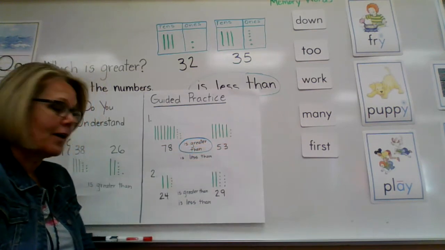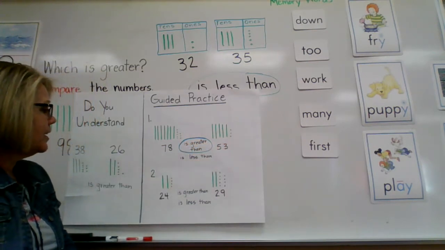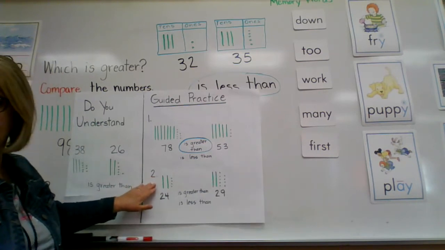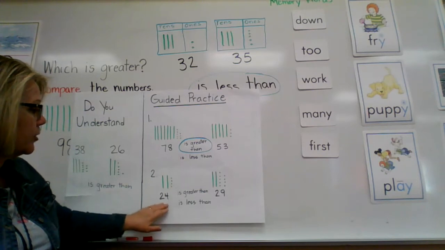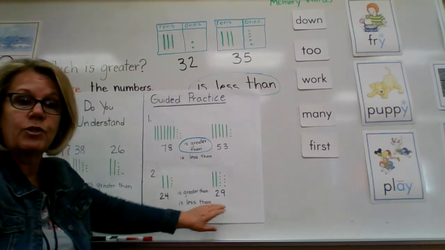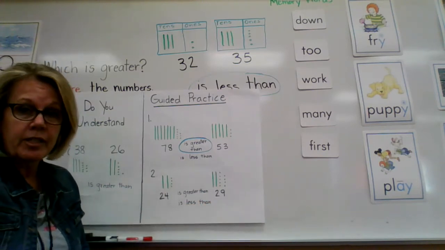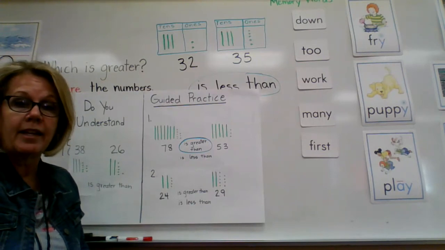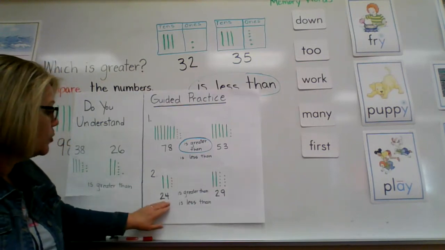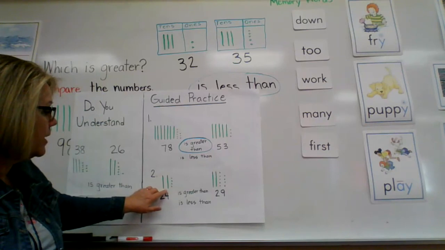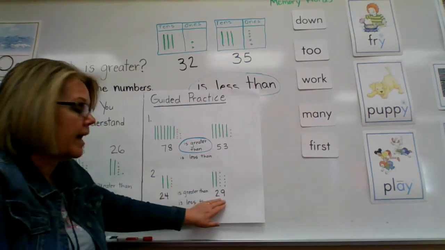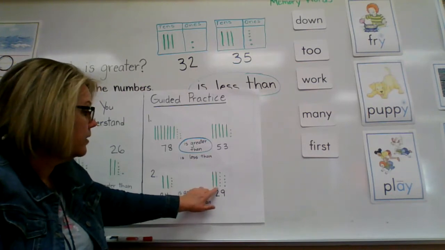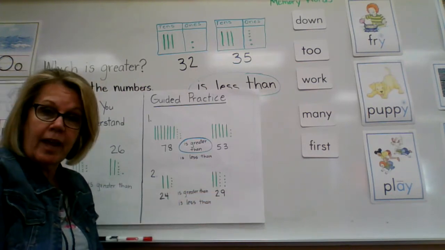All right, let's go on to our last one. Number 2, and we're still on page 510. We want to compare the numbers 24 and 29. First, compare the number of tens in the tens place. In the number 24, there are 2 groups of 10. In the number 29, there are 2 groups of 10.